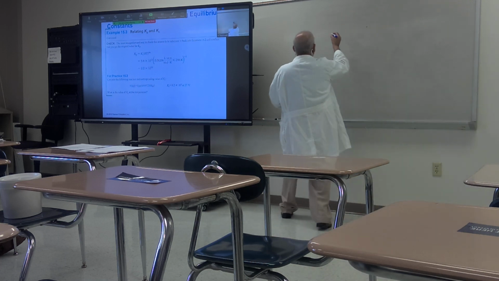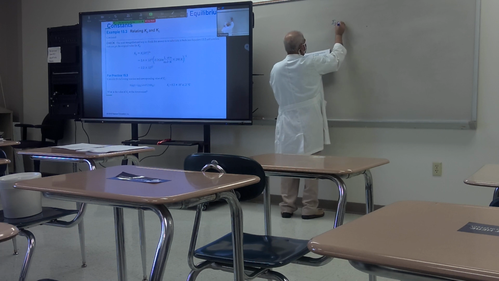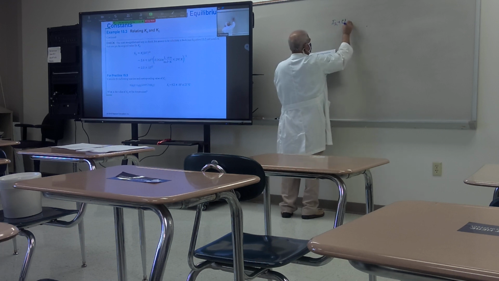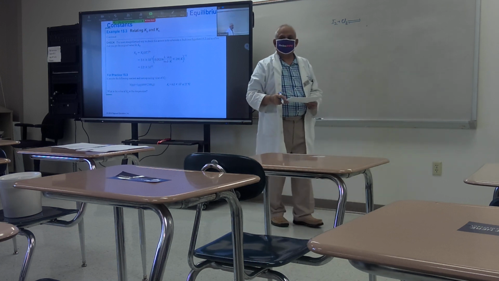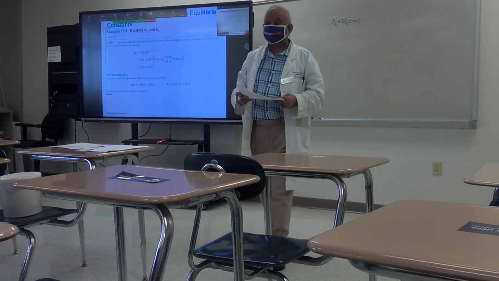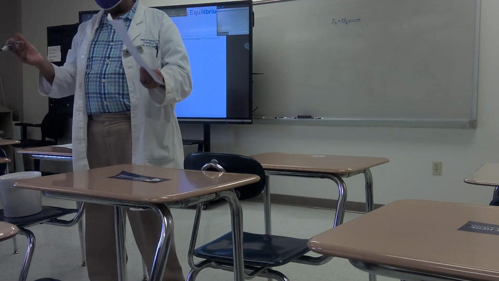This is the reaction. They have already worked out I2 plus Cl2. Remember, you should always write this. So, are you going to pick 25 reactions like this and write the equilibrium constant expression? Right? I told you.